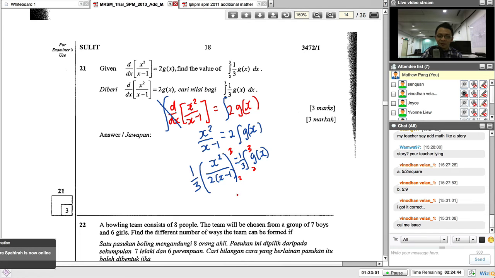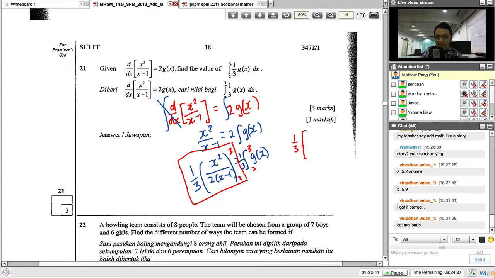Alright, so basically I just need to solve this one, then I will get the answer. I'm going to use some space here to solve. So this is 1 over 3. This is 3 squared is 9, over 3 minus 1 is 2, 2 multiplied by 2 is 4.